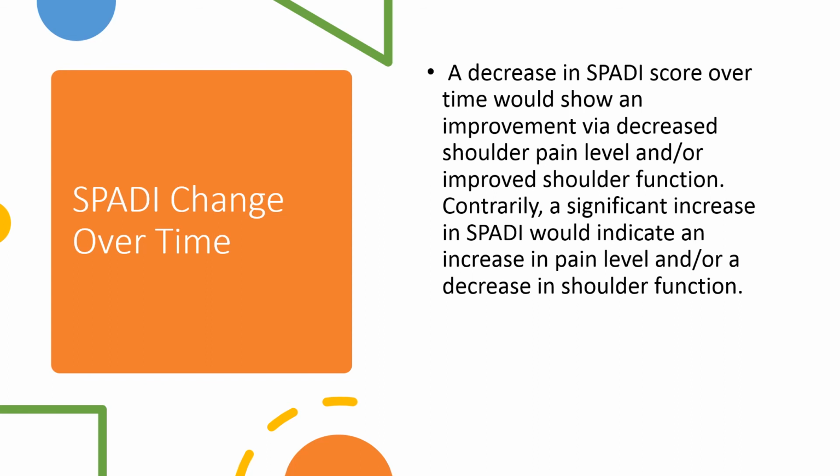It would show an improvement in the pain level, so a decrease in pain, and or an improved function level of the shoulder. On the other end of that, if you see an increase in SPADI score, that's going to tell you that there's either an increase in pain level and or a decrease in the function of the involved shoulder.